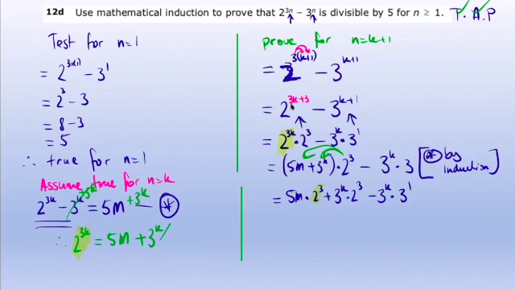I'm going to partially factorize. So I'm going to partially factorize this term with this term. Let me use a different highlighter. So the common factor between those two things that I've highlighted in purple is this 3 to the k, isn't it? So I'm going to take that out the front.